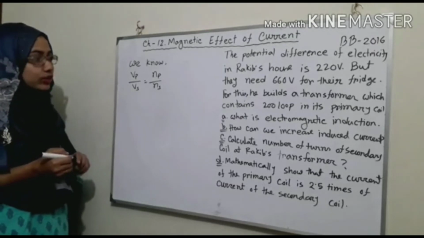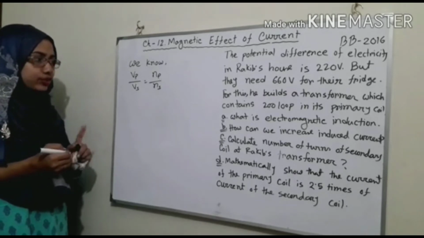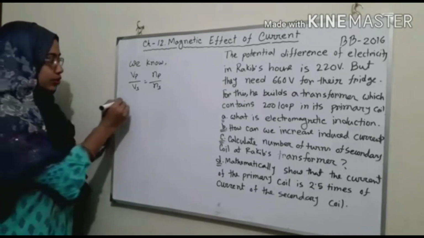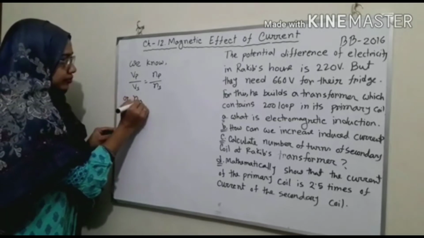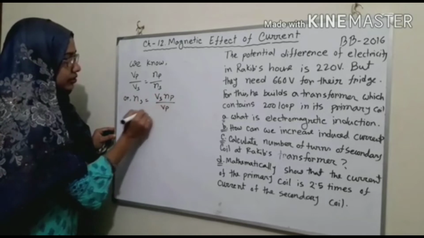We have to find the number of turns for the secondary coil, so we write Ns on the left. So Ns equals Vs Np divided by Vp.